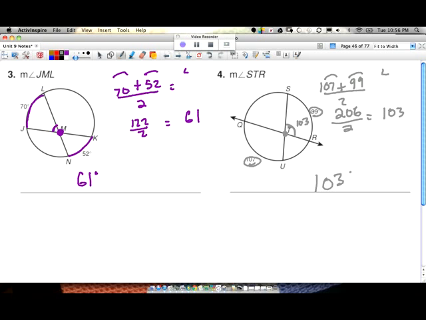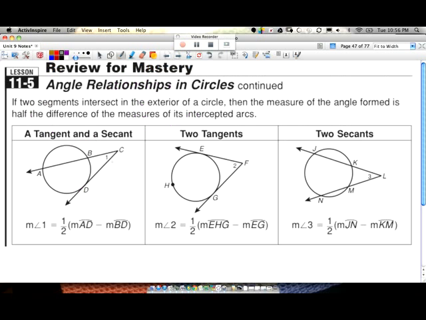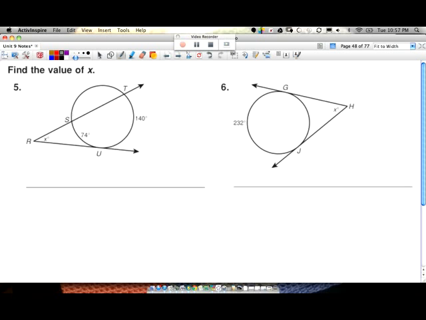Let's look at the next one. Now we have something a little bit different. We're just seeing what if we're here on the outside and we have these 2 arcs. This time we're going to have subtraction. So let's do some subtraction. So here's my 2 arcs. I got 74 degrees and 140.